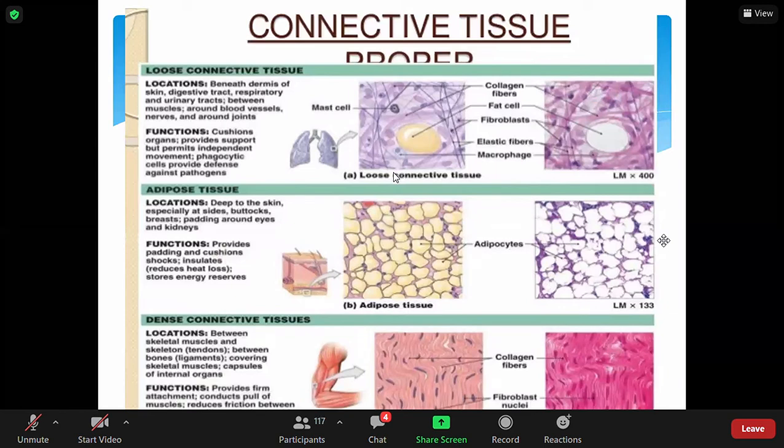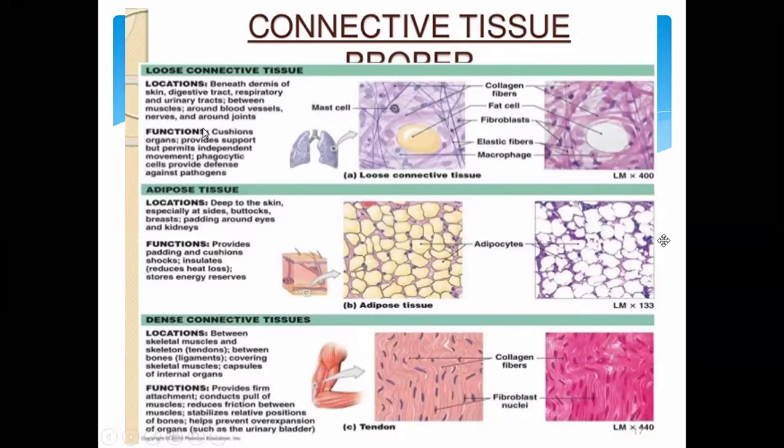Okay, so you have your functions here for the loose. By the way, another name for loose connective tissue is areolar connective tissue or areolar tissue. Functions as cushions, provides support, and is also used for independent movement.